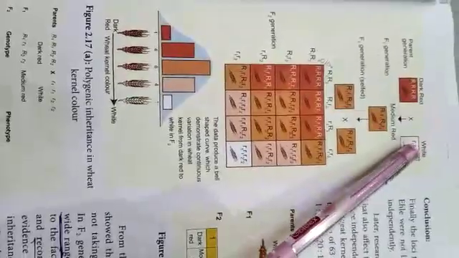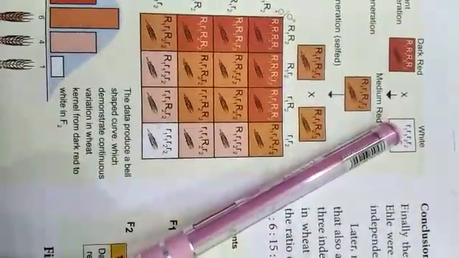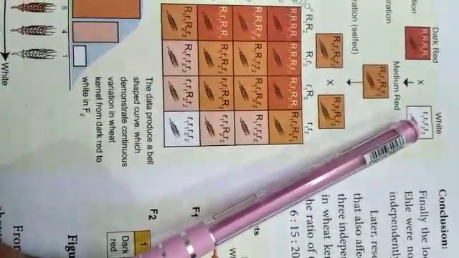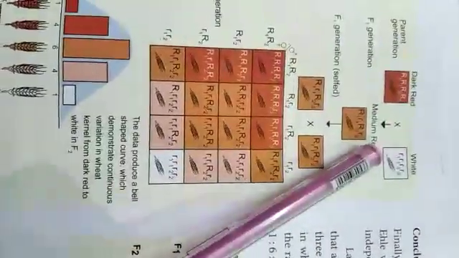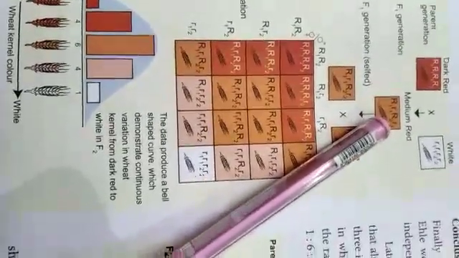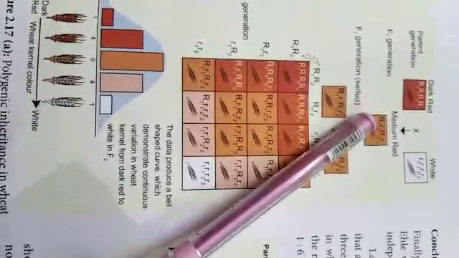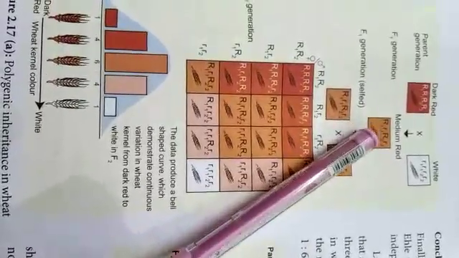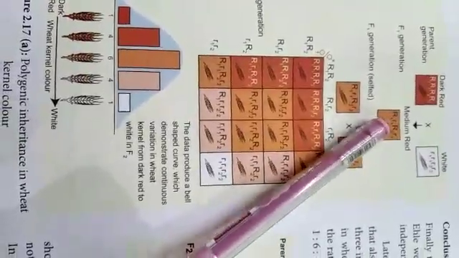The other is white, with small r1 alleles of the R1 gene and small r2 alleles of the R2 gene. Both parents are crossed. In the F1 generation, medium red kernel is produced, with the genotype capital R1 small r1, capital R2 small r2.